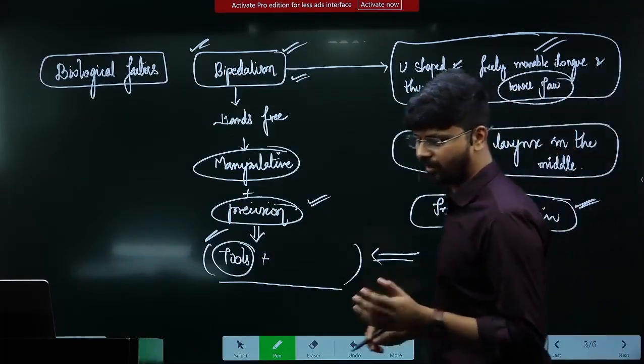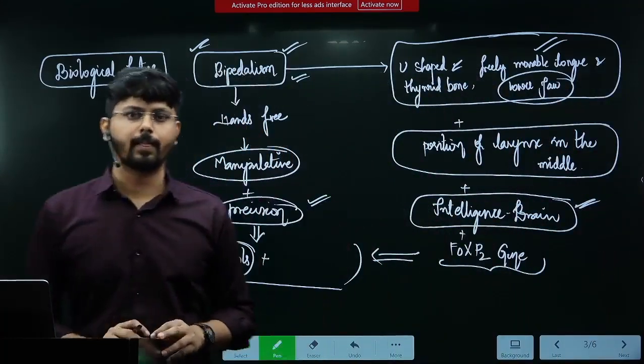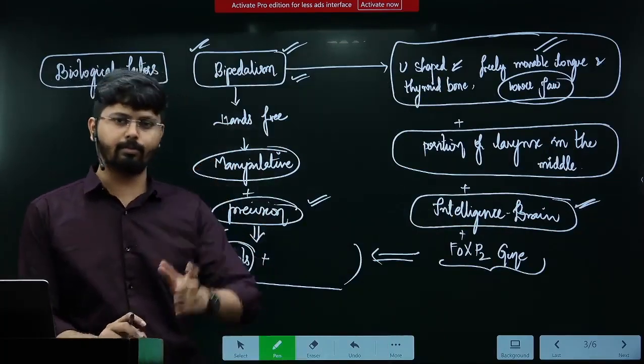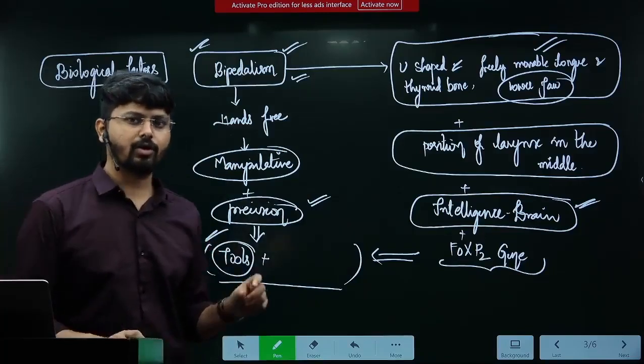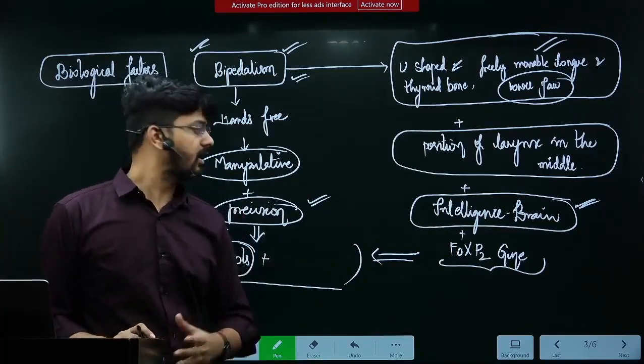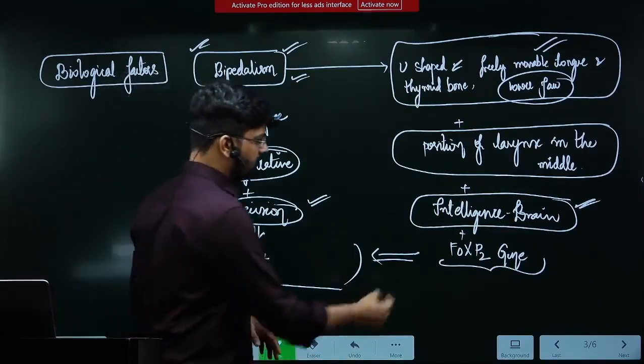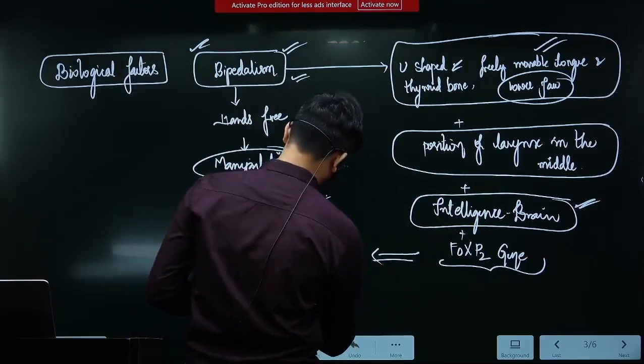And at the same time you have developed intelligence. I have told you, right, there is an increase in the size of the brain, the frontal part of the cortex, the frontal cortex has increased, and because of that you have developed language.